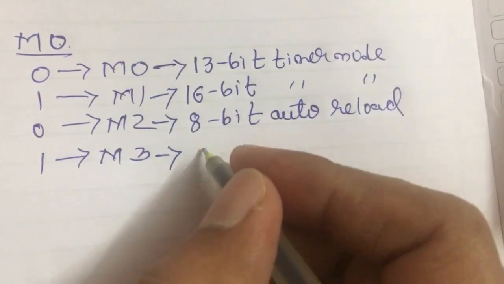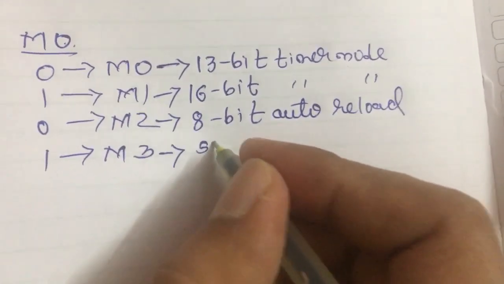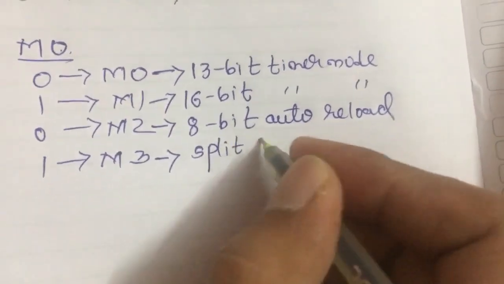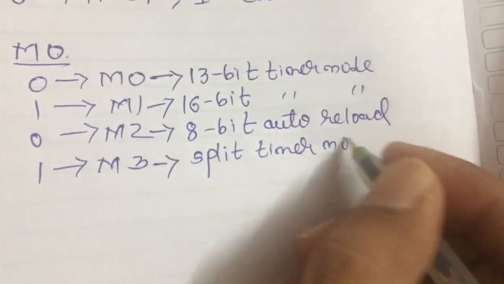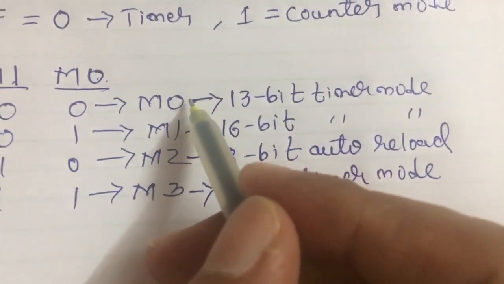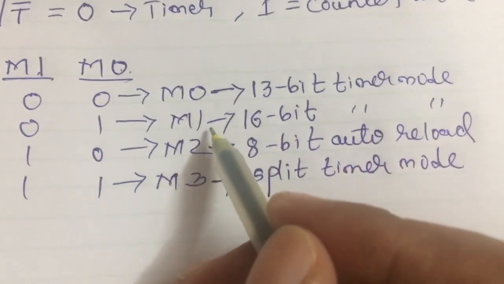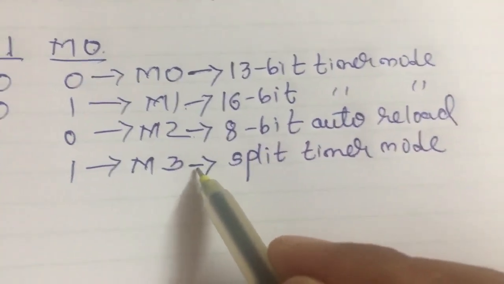The last one is the 8-bit split timer mode. In further sessions we will discuss in detail how mode 0 works, how mode 1 works, how mode 2 works, and how mode 3 works.